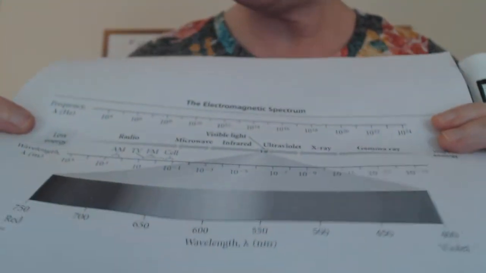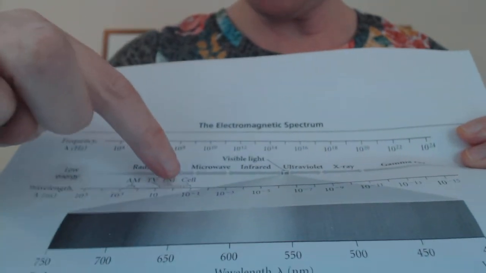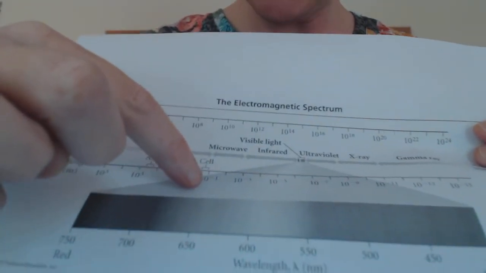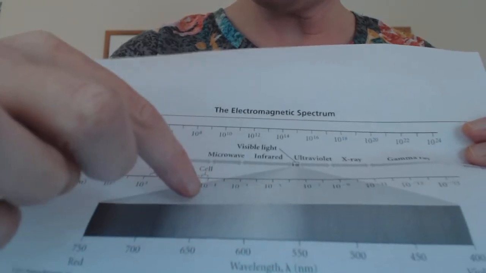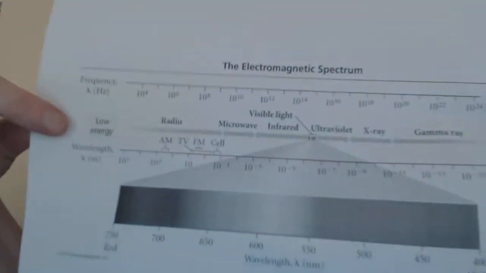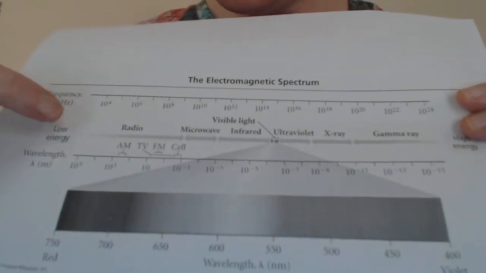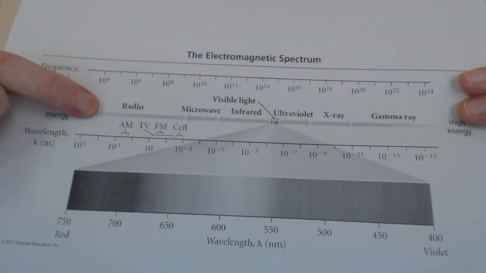There are actual numbers on this chart. You can see the radio wave goes to about 10 to the minus 1, which is the same as 0.1 meters of wavelength. But it's not really essential that we know the border. Just know that the longest wavelength light is the radio wave.